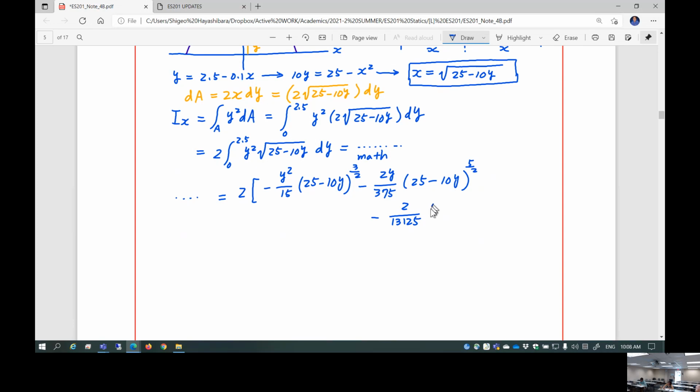What the heck? But anyways, 25 minus 10y to the power of 7 over 2, evaluated from 0 to 2.5. Something like that. Then if you do such math, 23.8 feet to the fourth power. This is the moment of inertia.